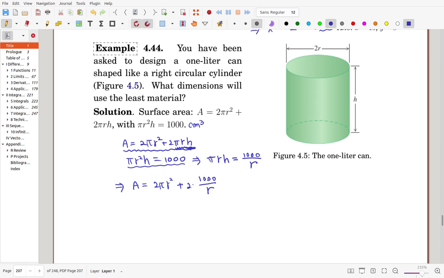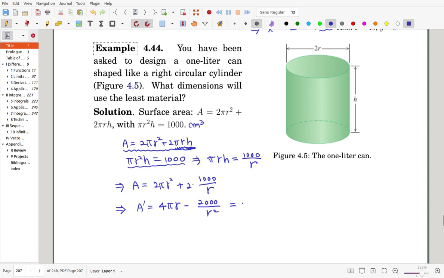Now it is a function of one variable, so using the derivative we can find the critical point. Here A prime, the derivative with respect to r, is 4 pi r, and for 1 over r the derivative will be minus 1 over r squared, so minus 2,000 over r squared.